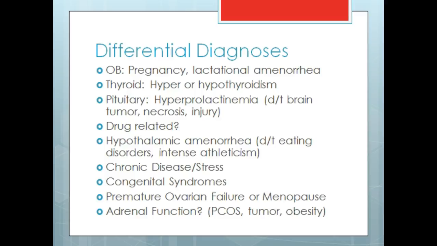Pituitary, if we have hyperprolactinemia, so our prolactin level comes back high, it could be due to brain tumors, necrosis, injury, so that's going to be on our differential list. It could be drug related, so both cannabis and cocaine can cause irregular menses. And then of course, if she's on contraceptives, then that could certainly be a cause too, depending on what she's on.